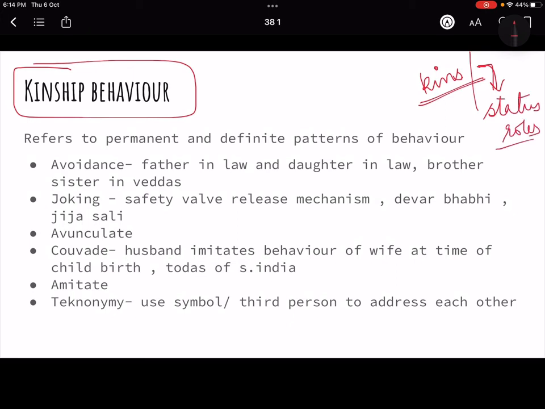For example, if we say mama, it is known that mama plays a very important role at the time of marriage. Solemnization of marriage में mama has an important role to play, right.